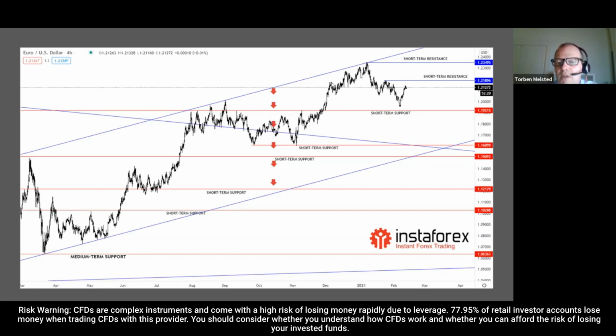Then I would move it up here when we break above here, and again when we break this one I would move it up here, and sooner or later at the latest I would get out at this point here. Maybe I would keep it at this point, so I would be stopped out at about 121, something like that, and I will have the entry at 119. So it still would have made me about 200 pips just in that short time frame.